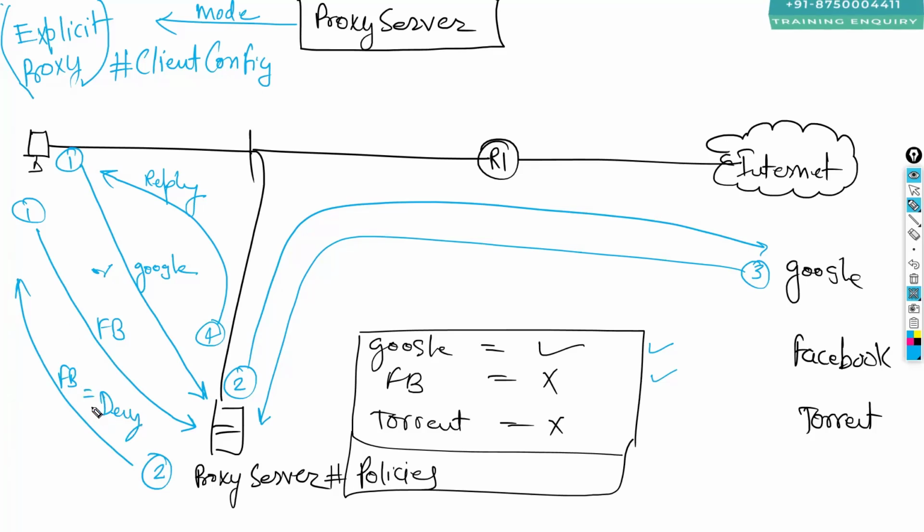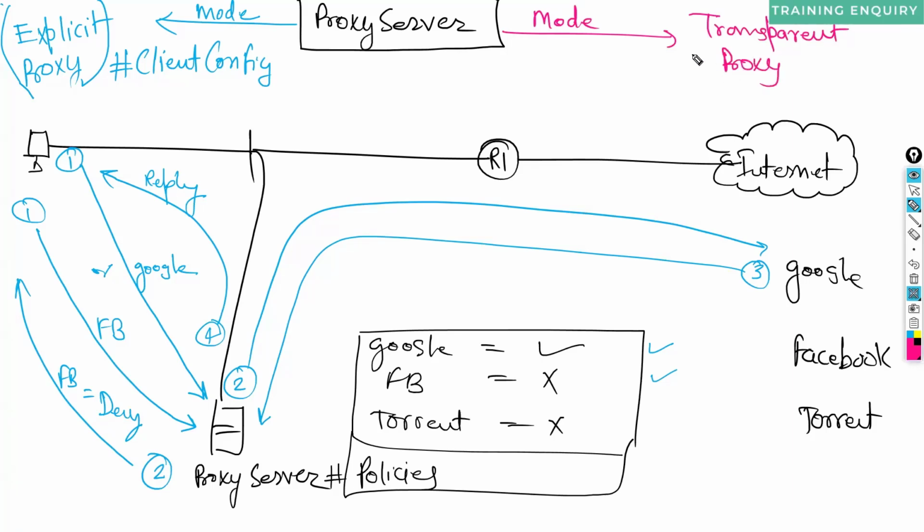You can't access Facebook. So this will happen in explicit proxy. The next deployment mode is transparent proxy.